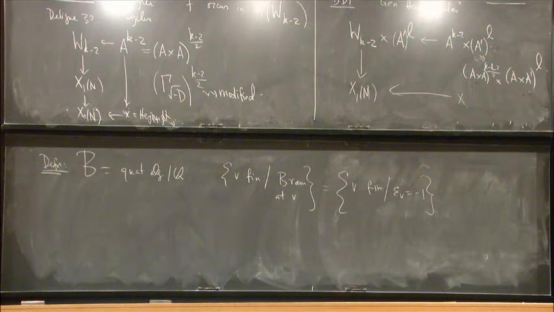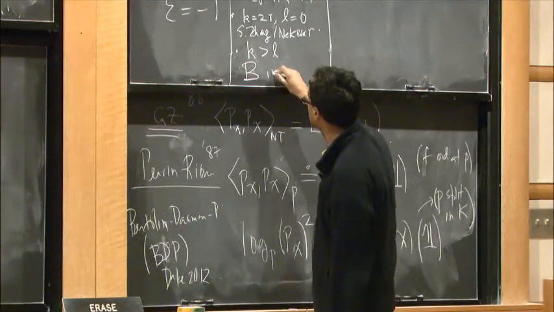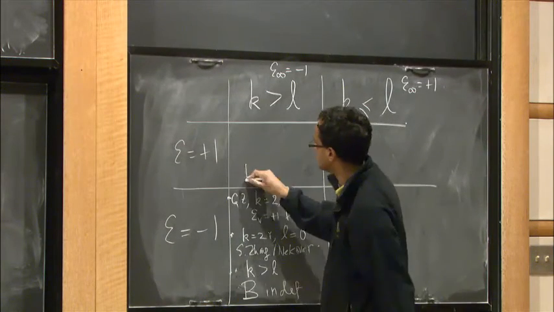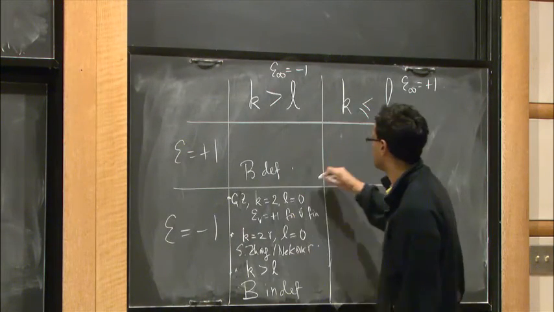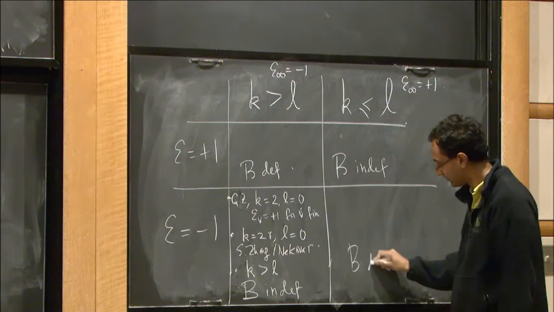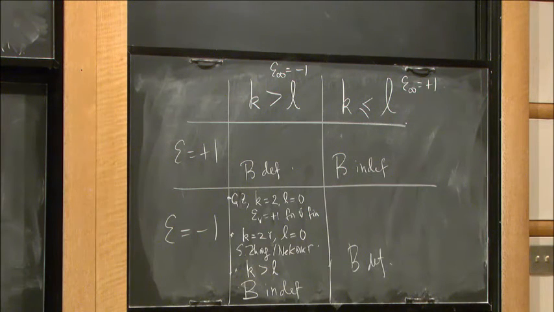And if you figure out what's happening with the signs at infinity, in this case, B is indefinite. In this case, B is definite. In this case, B is indefinite. And in this case, B is definite. That's the numerology.